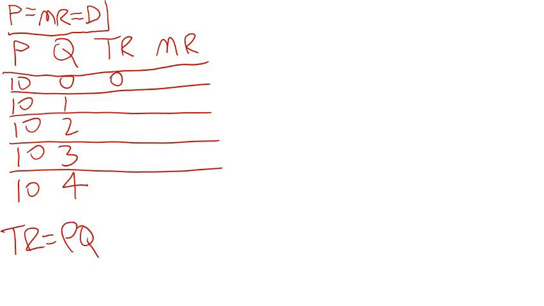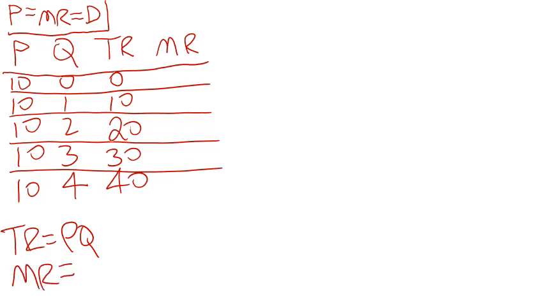So the first calculation is total revenue, which once again is P times Q. So we get 0, 10, 20, 30, and 40. And then we calculate the marginal revenue values.